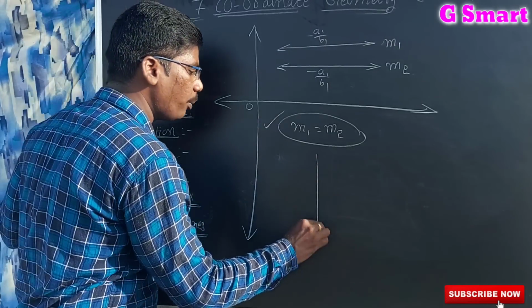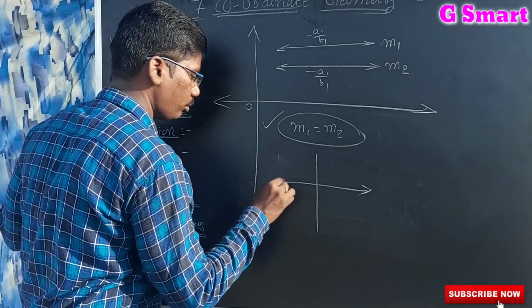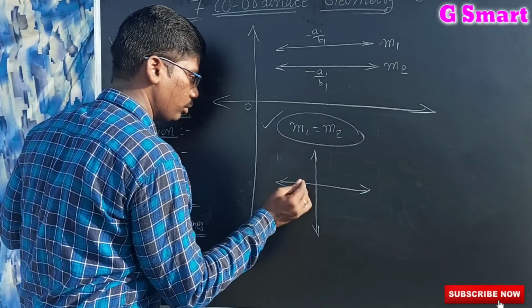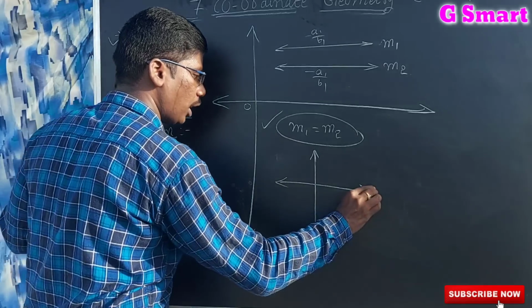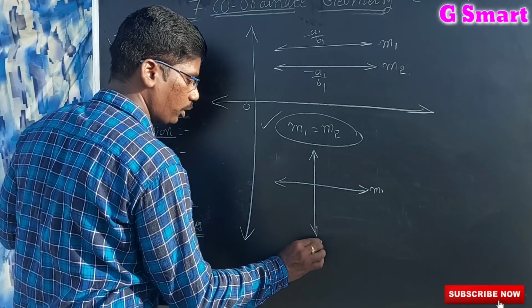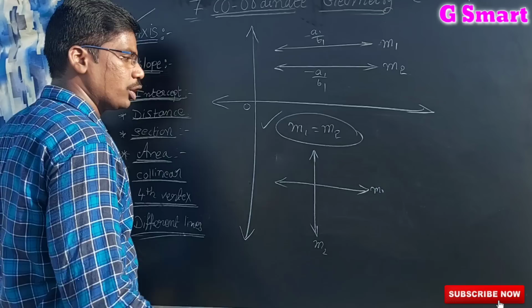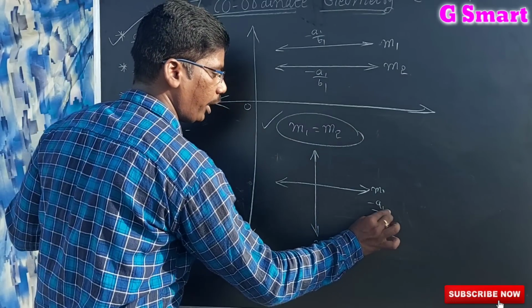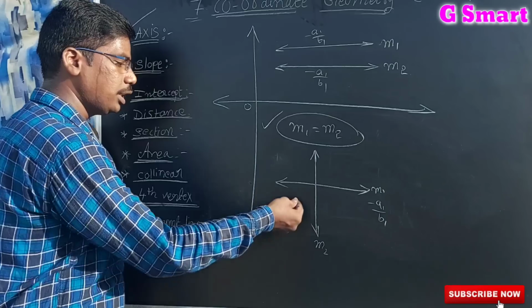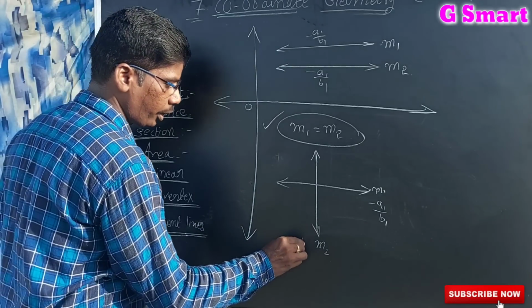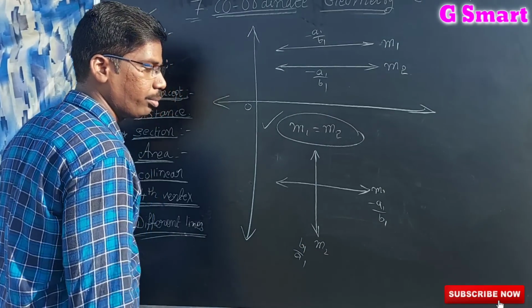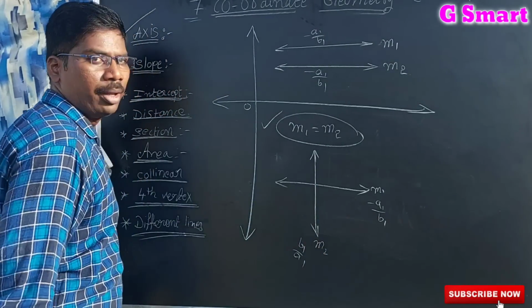If two lines are perpendicular, so this is the slope m1, this is the slope m2. This slope is minus a1 by b1, and this slope we can say is b1 by a1, because it is perpendicular.